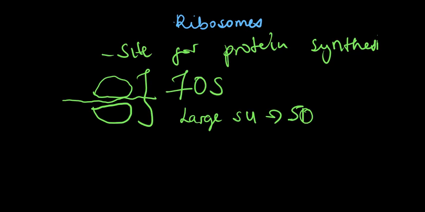The S stands for the Svedberg unit. Then the small subunit consists of 30S. Like you can see, when you add 30 plus 50, it doesn't give you 70. It gives you 80, which is what we mean by they are not additive.